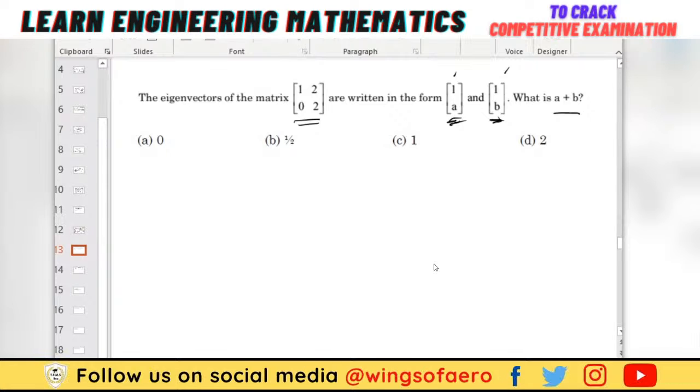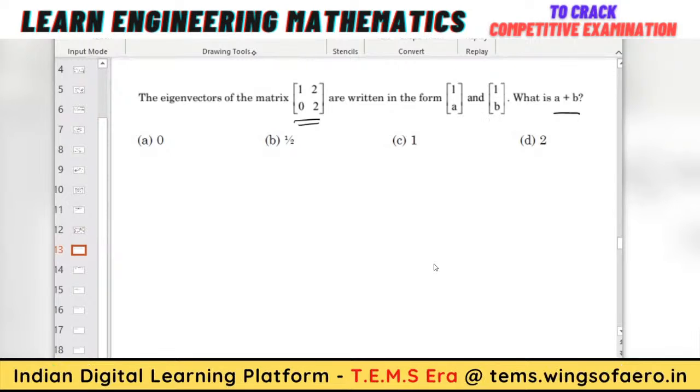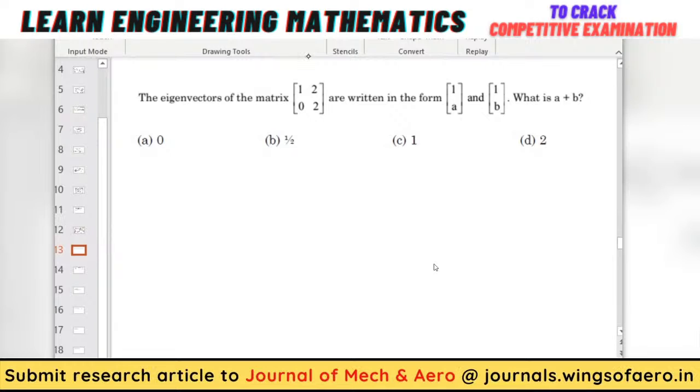I think you are having difficulty solving it. Look at this. To find the eigenvectors, first you need to find the eigenvalues. This is obviously a 2 cross 2 matrix, so it is very easy to solve for the eigenvalues.